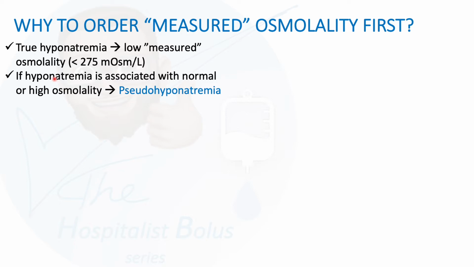But if you just go with the actual meaning of the term, pseudohyponatremia means it's not true hyponatremia, meaning the measured osmolality is not low, then technically this applies to both hyper and normal osmolar hyponatremia. But strictly speaking, pseudohyponatremia is when there is hyponatremia in the lab sodium, but the measured osmolality is normal.